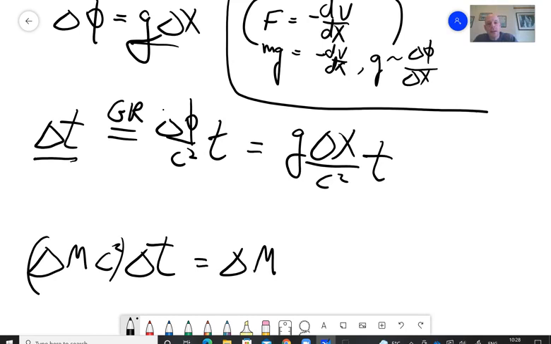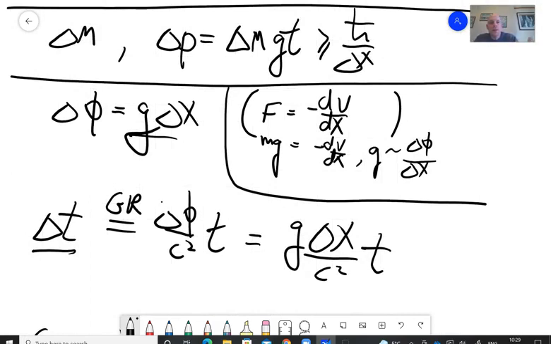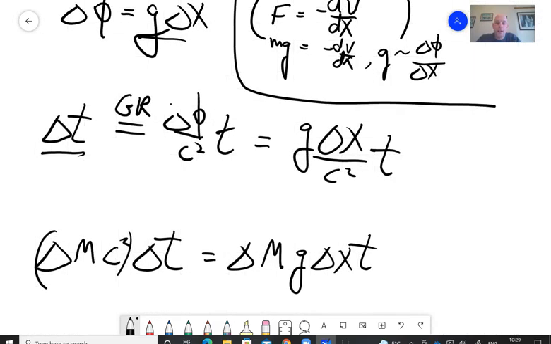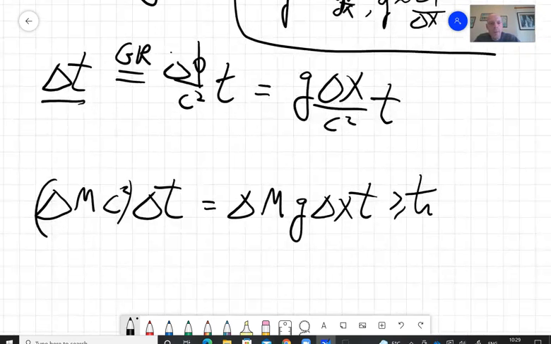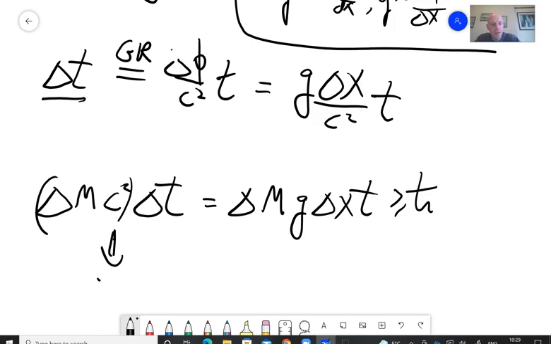So c squared times delta t is g delta x t. And using this relation, delta m g t is larger than h bar over delta x, then we immediately obtain that this is larger than h bar. So in conclusion, delta E times delta t is at least h bar. So there will be an uncertainty.